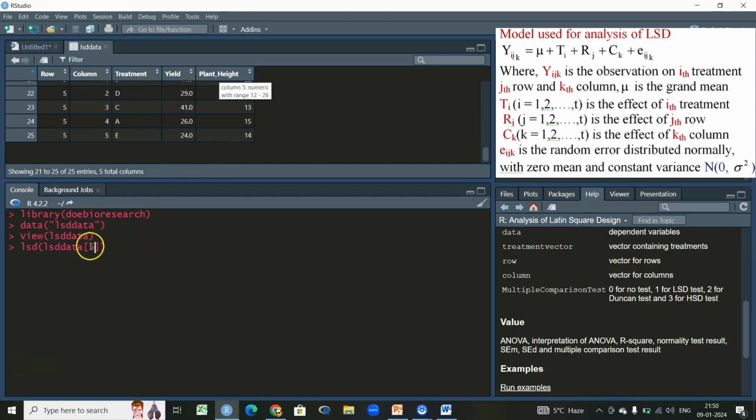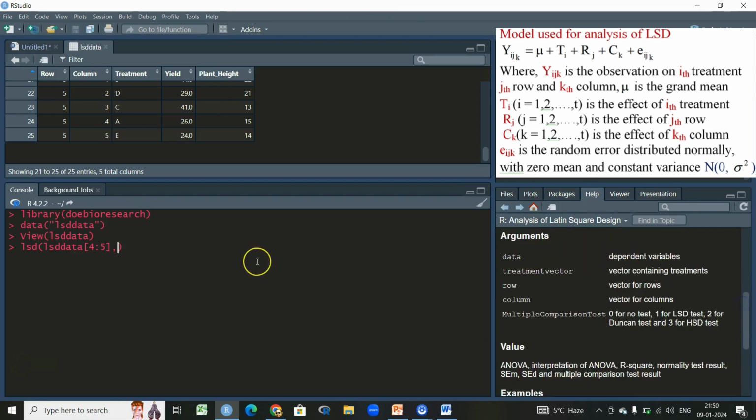If I am interested in both, I'll write 4:5, then comma. Then I will write lsddata$treatment, then lsddata$rows, where lsddata is the name of the data set, and then lsddata$column.